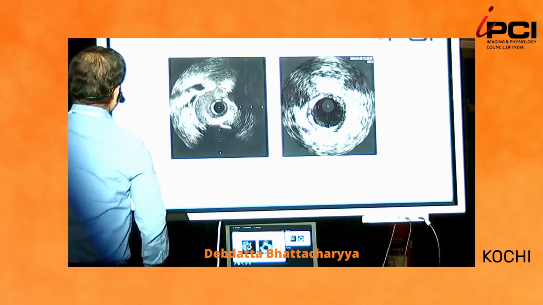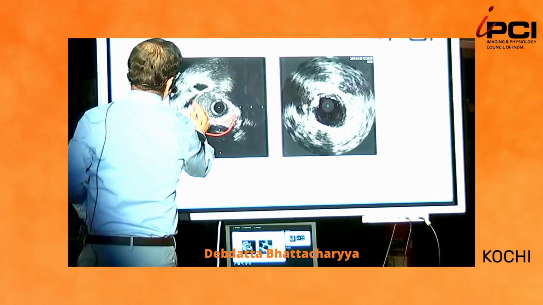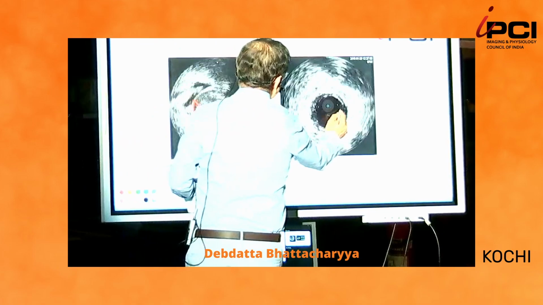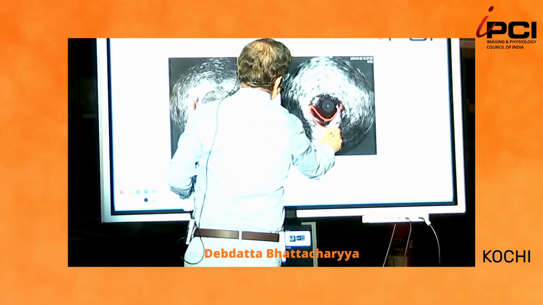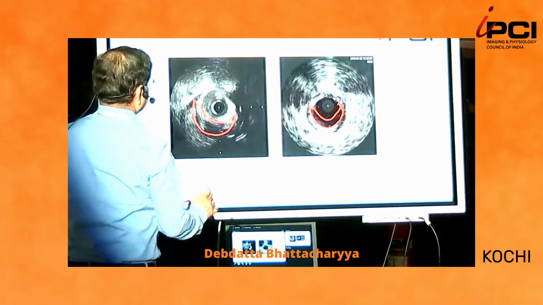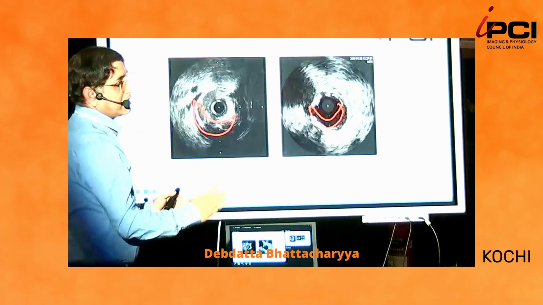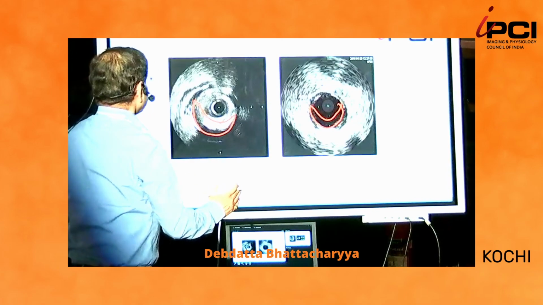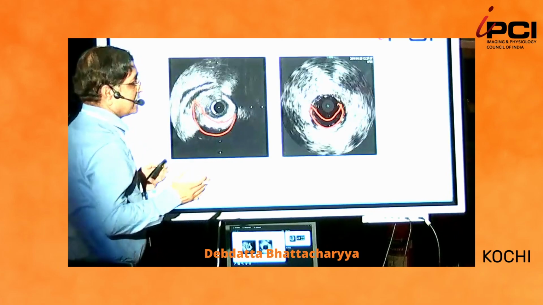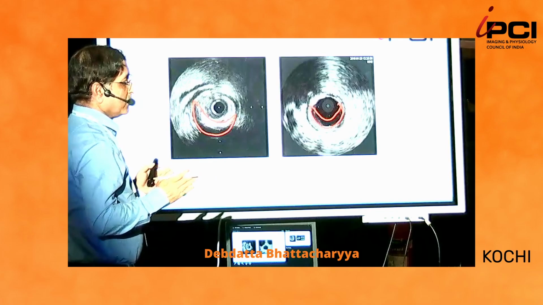So I told you about dissection. So the dissection is here, and don't confuse it with side lobes. Side lobes are artifacts. They are not from the central part of the beam, but the image that you see appears like those peripheral parts of the ultrasonic beam.